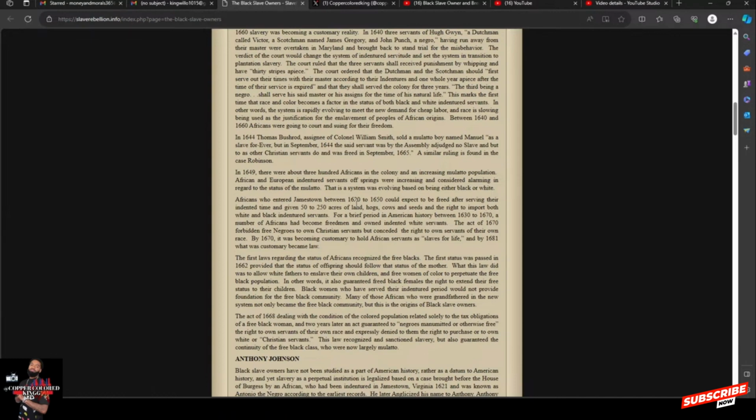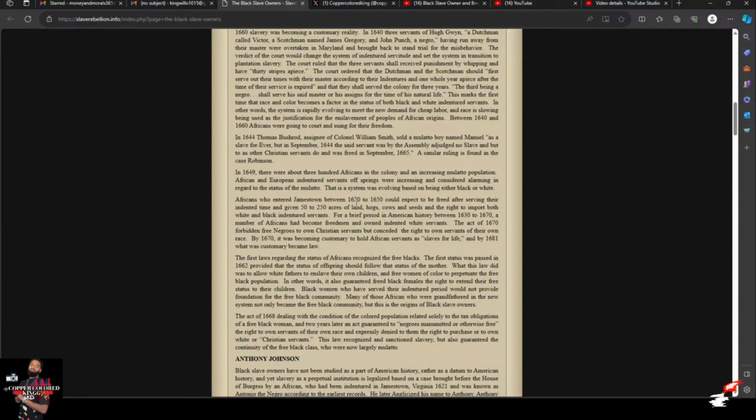Let's continue. Who entered Jamestown between 1620 and 1650 could expect to be freed after serving their indentured time and given 50 to 250 acres of land, hogs, cows, and seeds, and the right to import both white and black indentured servants. For a brief period in American history between 1630 and 1670, a number of Africans had become freemen and owned indentured white servants.